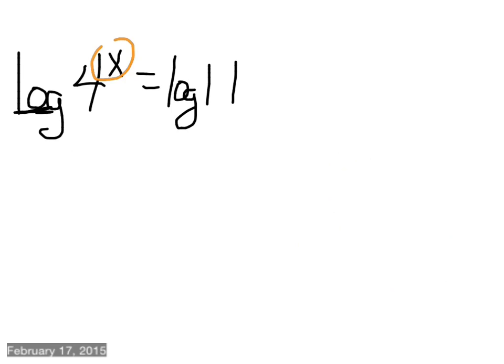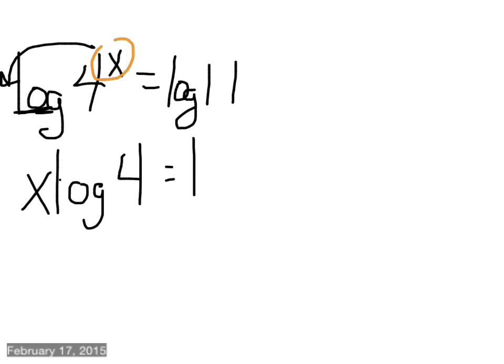Law number 3, the one we dealt with in some of the problems you guys asked for on the homework assignment, is the exponent law. That means the exponent goes where? Yeah. I move this exponent now to the front. So it ends up looking like this: x log 4 equals log of 11.